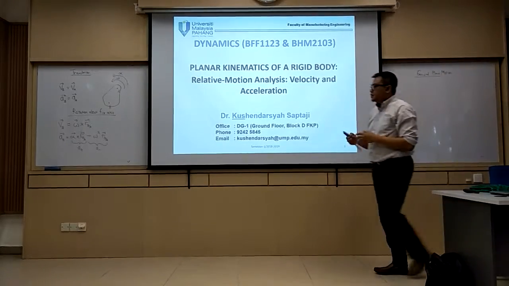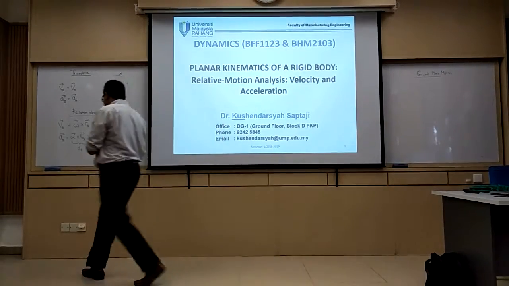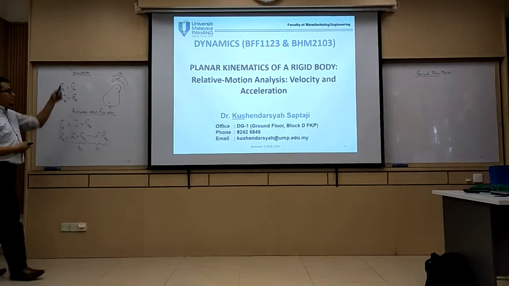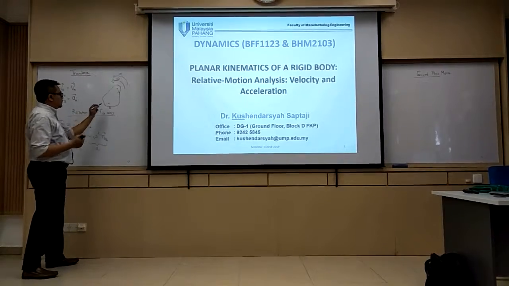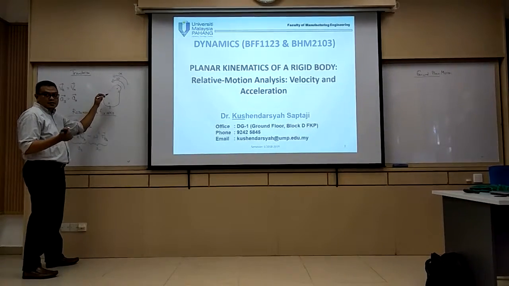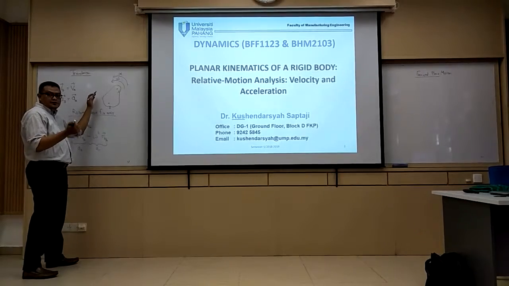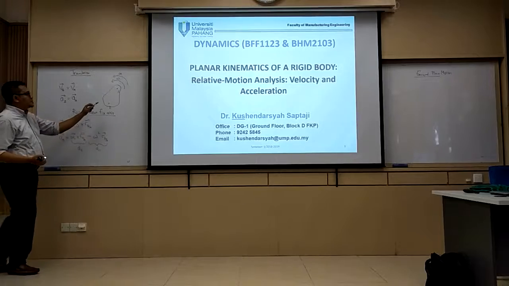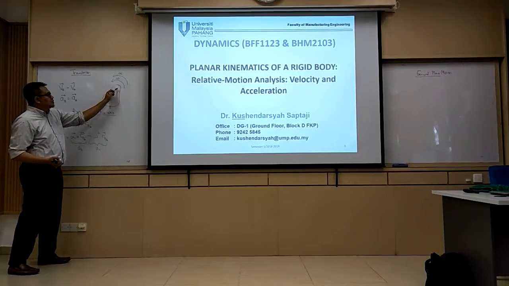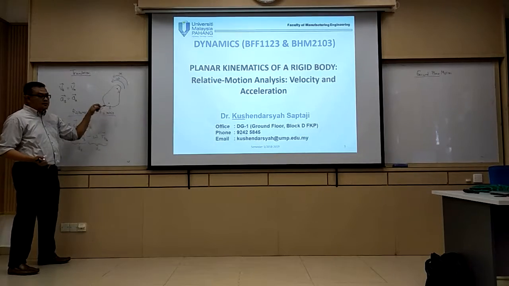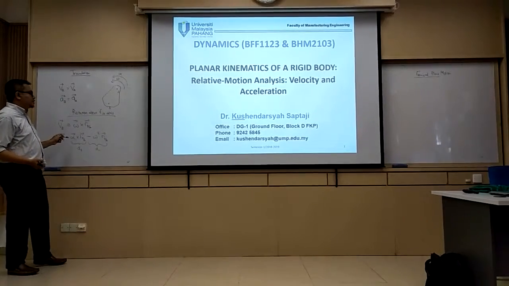So in the general plane motion, in the translation, B and A will be moving in the same direction, same distance, same velocity, same acceleration. In the rotation about fixed axis, A will be fixed, and then B will be rotating with a certain velocity and certain acceleration.